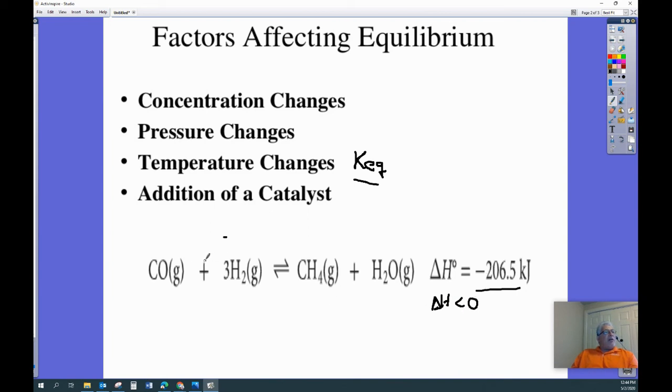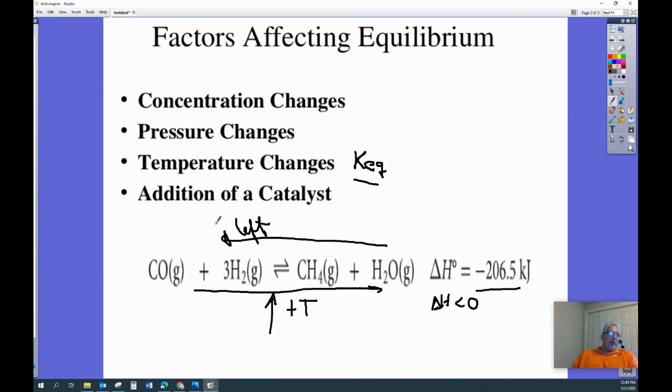So what happens here? If we increase the temperature, we are favoring the reverse reaction because the reverse reaction is endothermic. The forward reaction is exothermic. So increasing the temperature will favor the endothermic one, because you are increasing the heat given to the reaction.